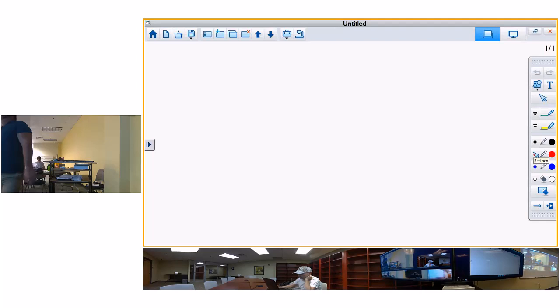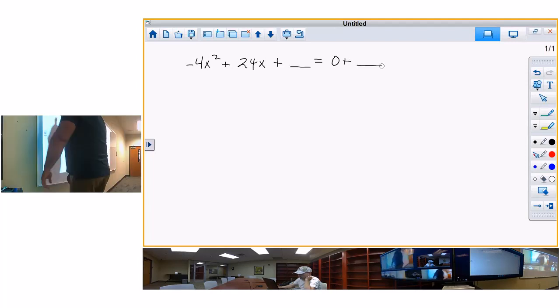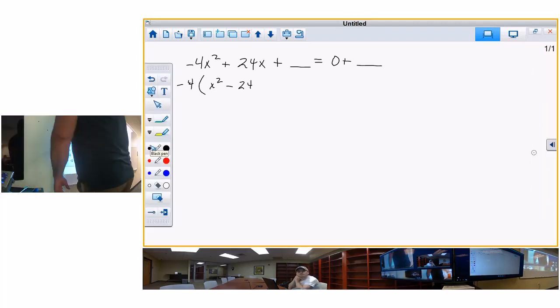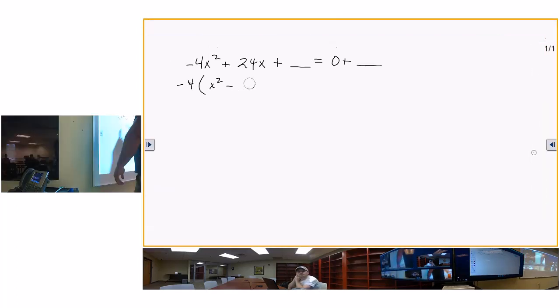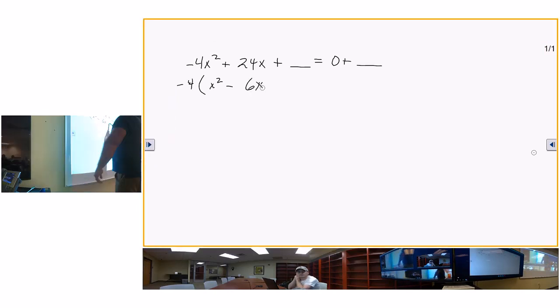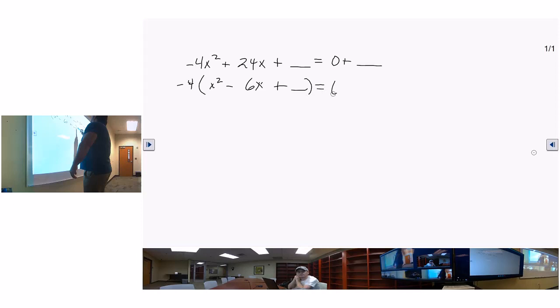All right, give me the problem one more time. Negative 4x squared plus 24x plus blank is equal to 0 plus blank. Factor out a negative 4, and that gives me x squared minus 6x plus blank is equal to 0 plus negative 4 times blank.